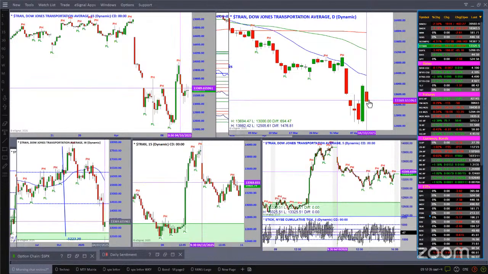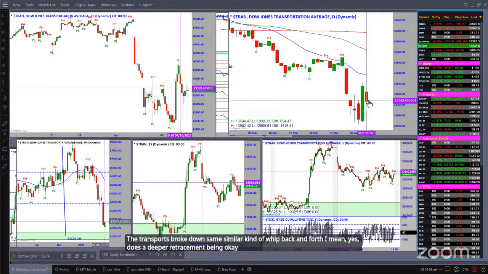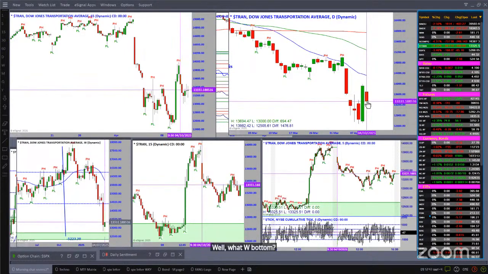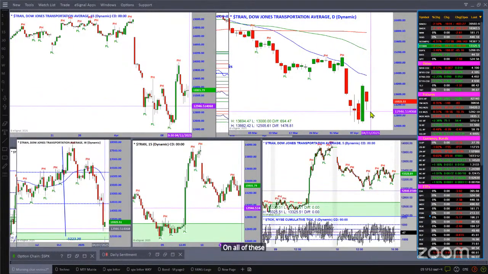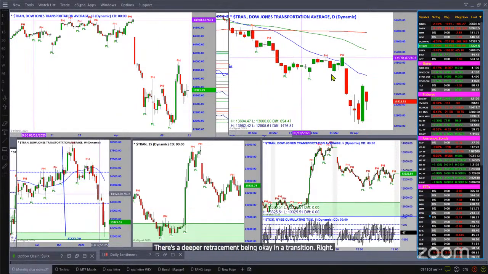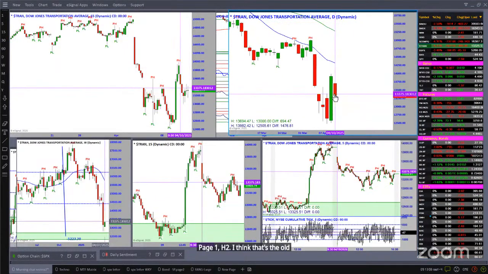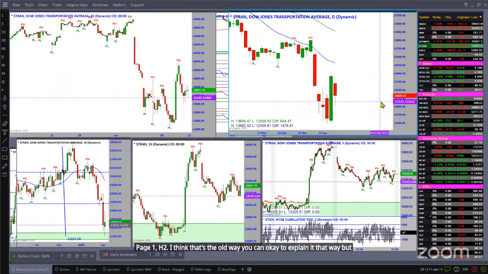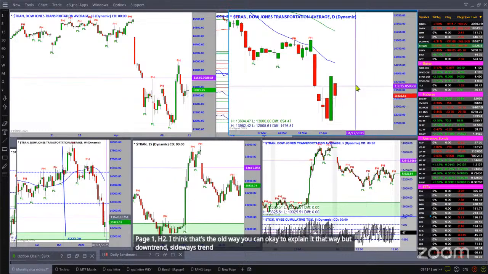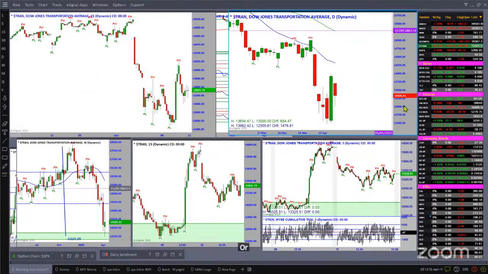Yes, does a deeper retracement being okay in a transition stage 1, 2 in that W bottom? Well, what W bottom? If we are speculating on a W bottom on all of these patterns that we're looking at, a deeper retracement is okay in a transition, right? So page one, page two, and that's the old way. It's okay to explain it that way: downtrend, sideways trend, building a support area, one, two, one going up.